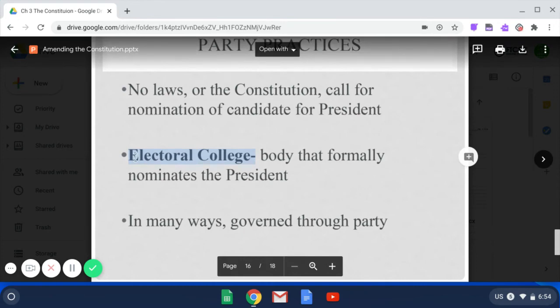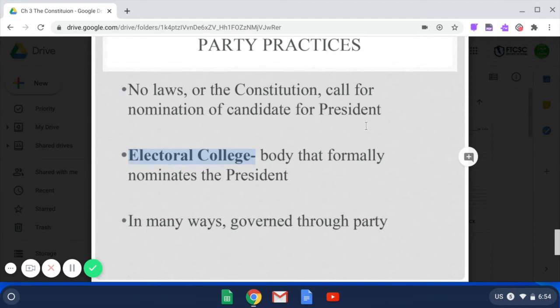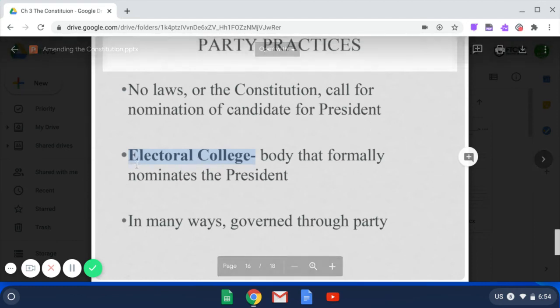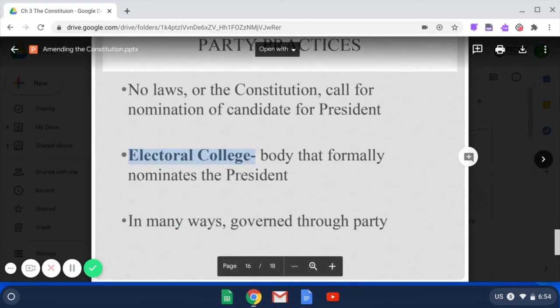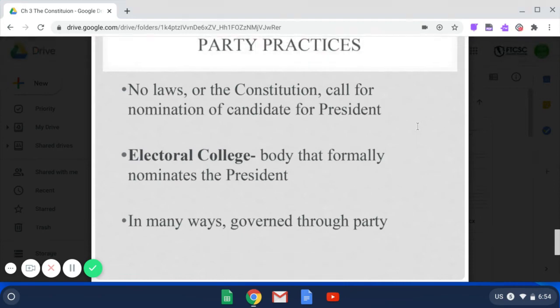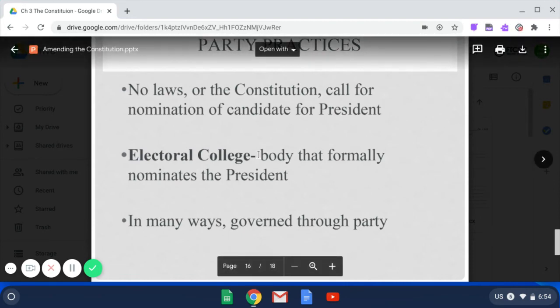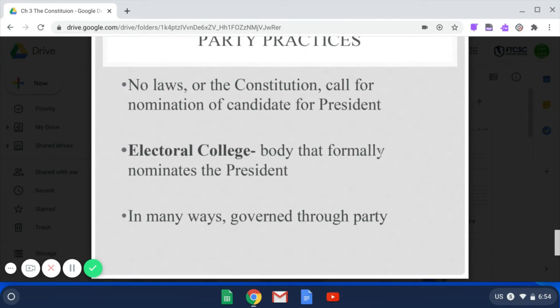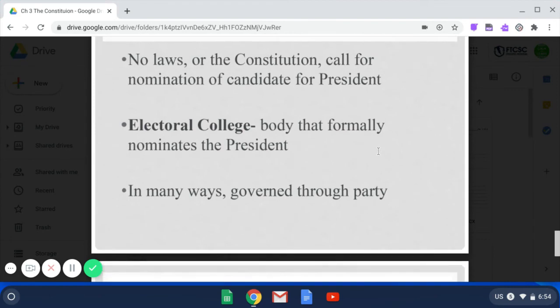At this point in time, with the size and expansion of our population, the big debate is, does this really need to continue to exist? Because a presidential candidate can get the majority vote but lose the Electoral College vote. So if they receive the majority vote, should they become president?